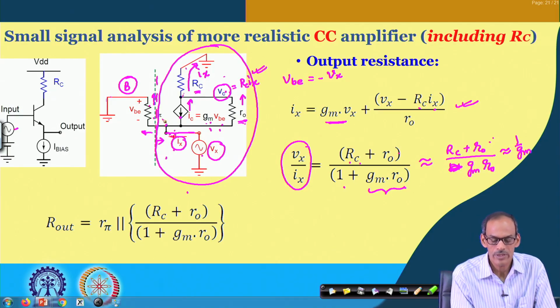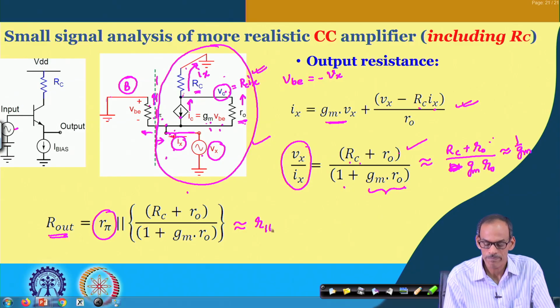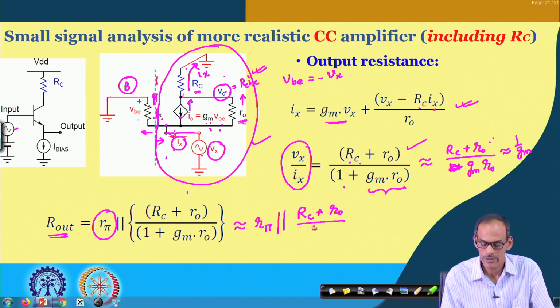Now, since we do have the R pi here, the total output resistance is the resistance coming from this encircled part and the R pi part. So, you may consider this as R pi in parallel with R c plus R naught divided by G m into R naught.